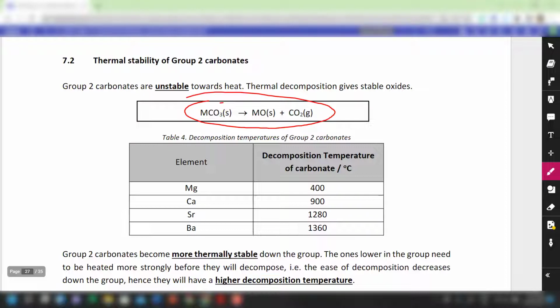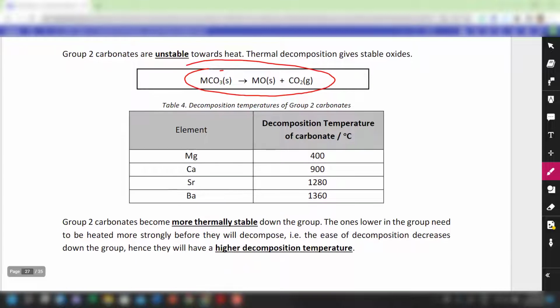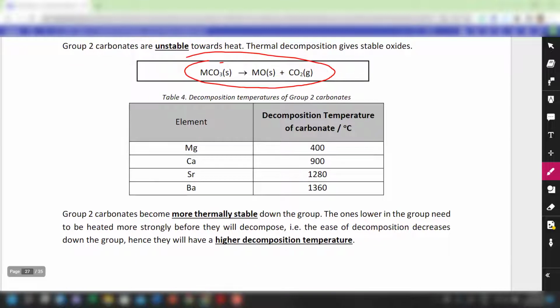The corresponding oxide is actually a lot more stable as compared to the carbonate. One of the key reasons is that the ionic bonding is way stronger, and at the same time the forward reaction is entropy driven. Why is it entropy driven? Because I am producing a small molecule, in this case CO2. So you notice that as I go down group 2, the thermal decomposition temperature actually increases.